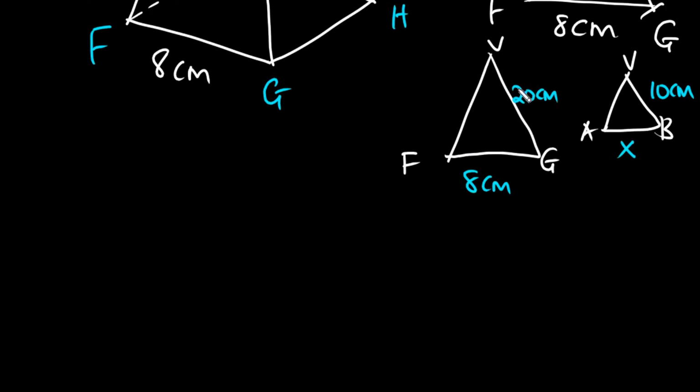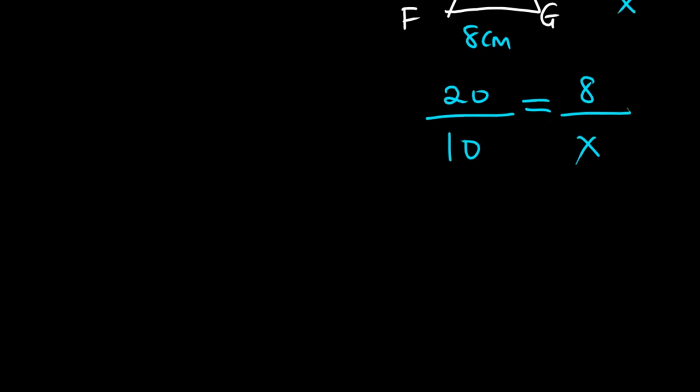Let's get the ratio between VG and VB. It's going to be 20 divided by 10. So that ratio is equal to FG over AB, where FG is 8 centimeters and AB we don't know, so let's call it X.